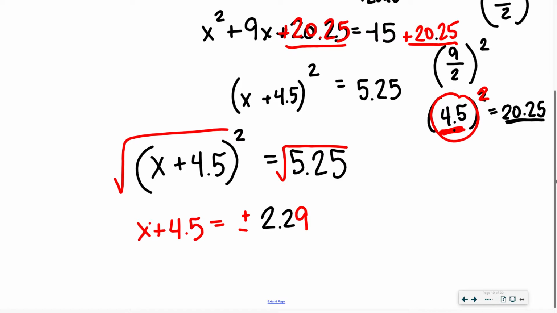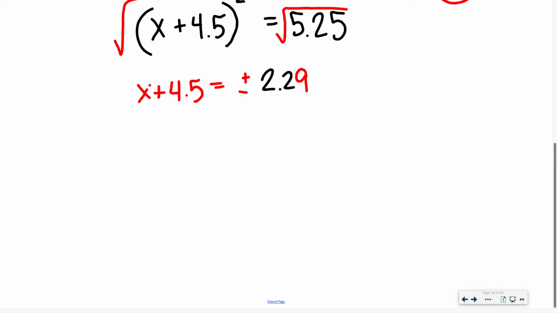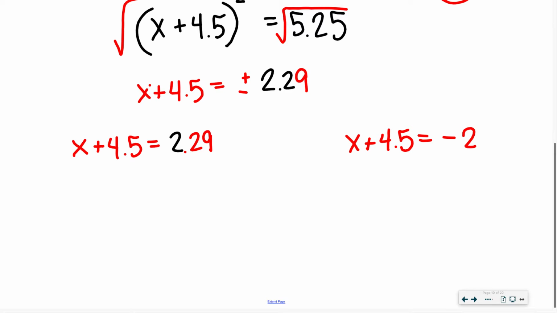X plus 4.5 equals positive or negative 2.29. So to finalize this, that means x plus 4.5 equals 2.29 or x plus 4.5 equals negative 2.29. I can subtract 4.5 from both sides.